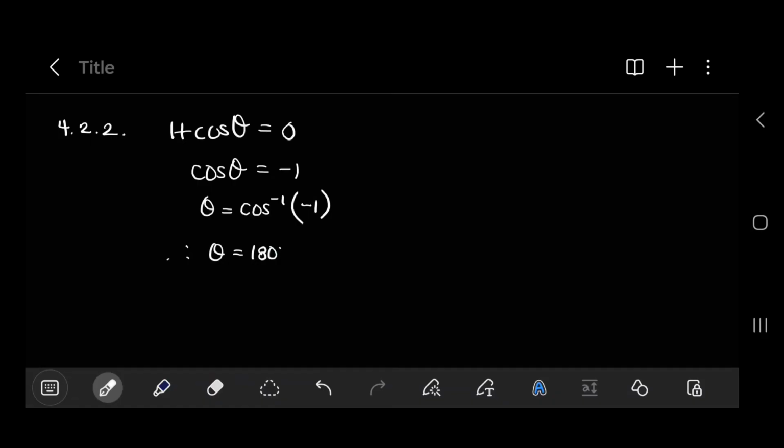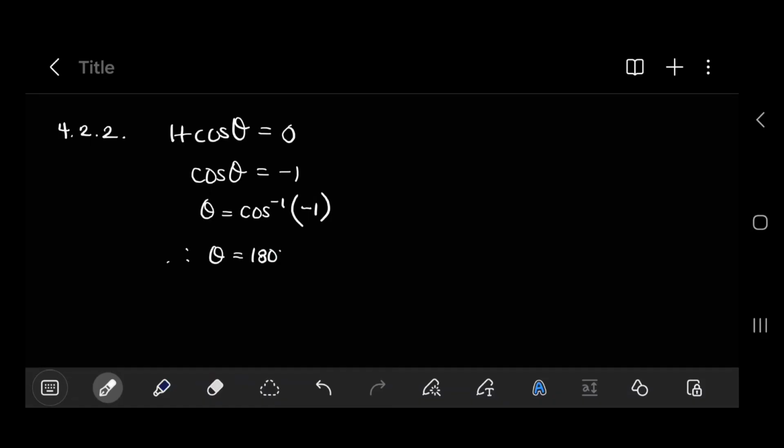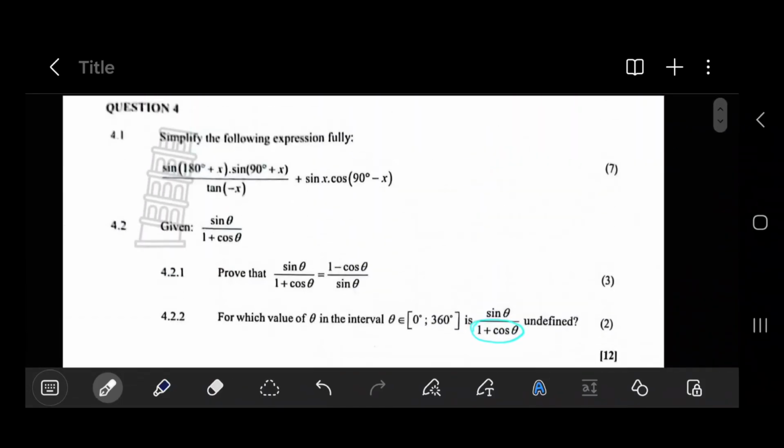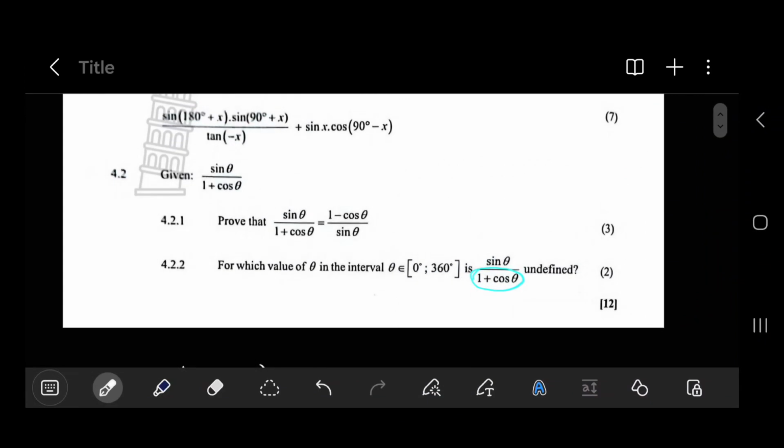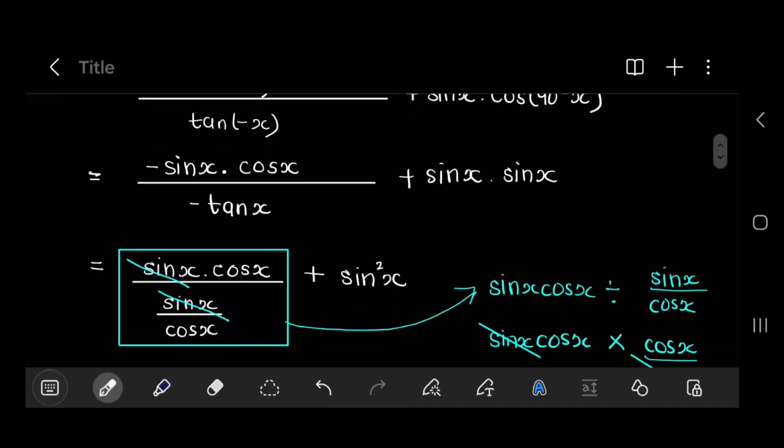Now what this means is, in this fraction, if we substitute 180 degrees, and you can try it out on your calculator, so you'll have sine 180 over 1 plus cos 180, you would get a math error on your calculator, meaning that it is undefined. So that is what we actually wanted to calculate.